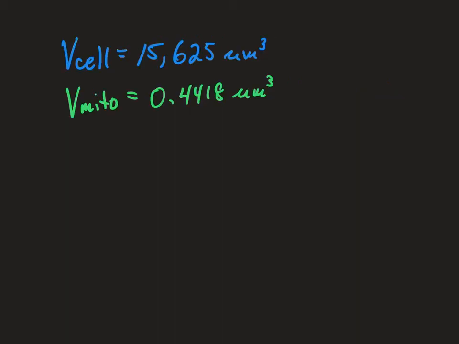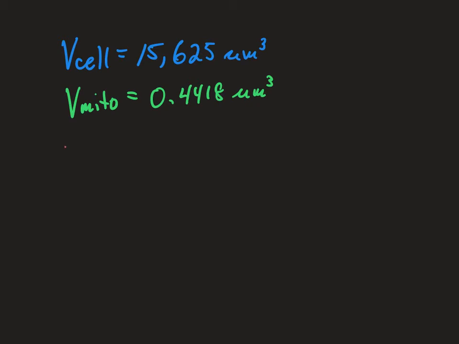Okay, so we've got our volumes calculated. Another fun fact is that cells sometimes have 1,000 or more mitochondria. A large oocyte, an egg cell, might have 10,000 mitochondria.